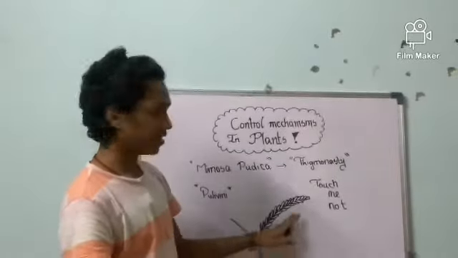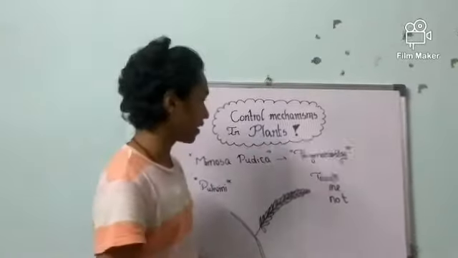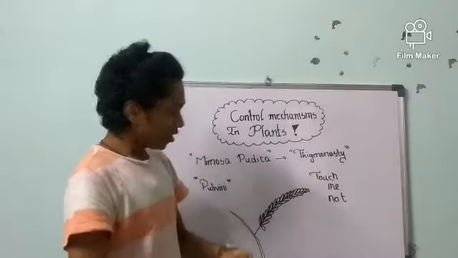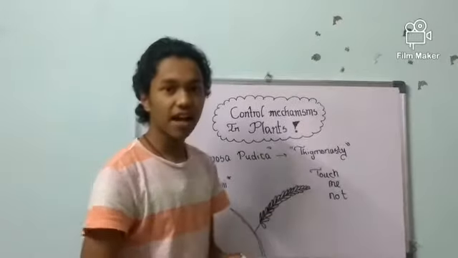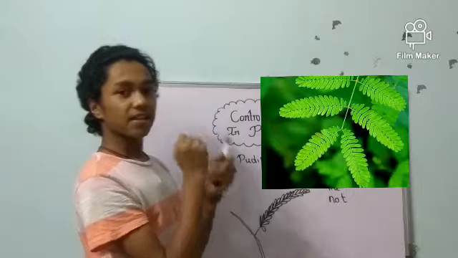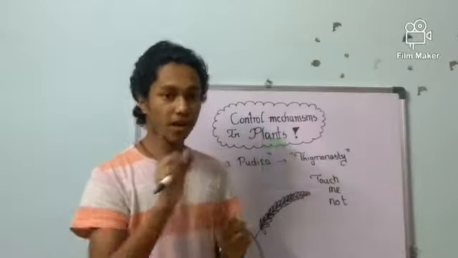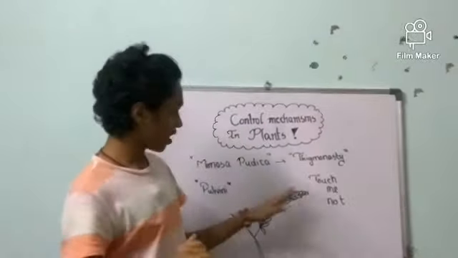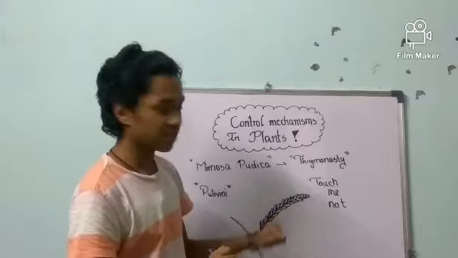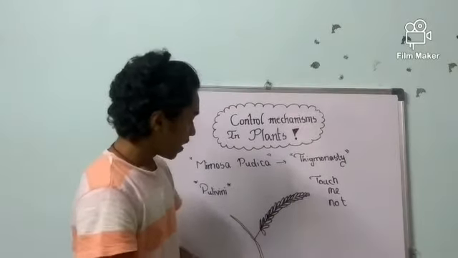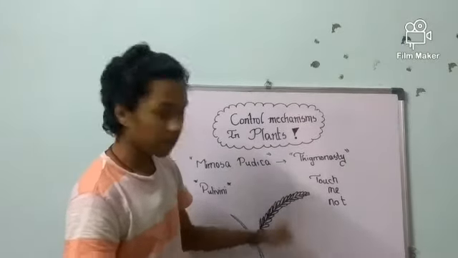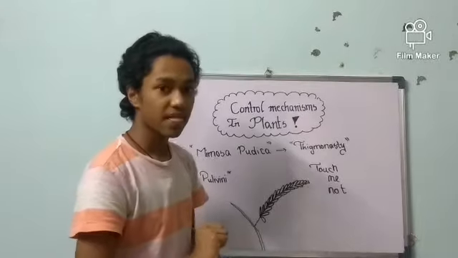So here it is. This is the model of a touch-me-not plant. And first of all, you should know how its leaves are. I'll show you a picture right here so that you will understand it. Okay, now this is the same picture that we saw before. Now, these leaves are broad and so thin.